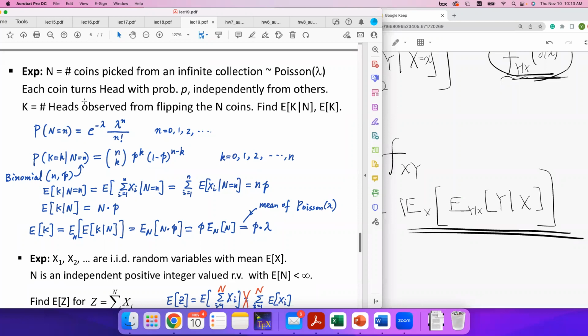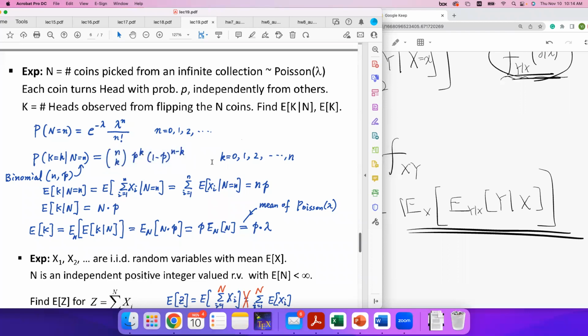And for this K, if we fix the number of coins that we draw, then the probability of K is very easy to compute. It's a binomial distribution. Right? So given condition on n coins, if we have small n coins, then the probability of observing small k heads is given by this distribution.